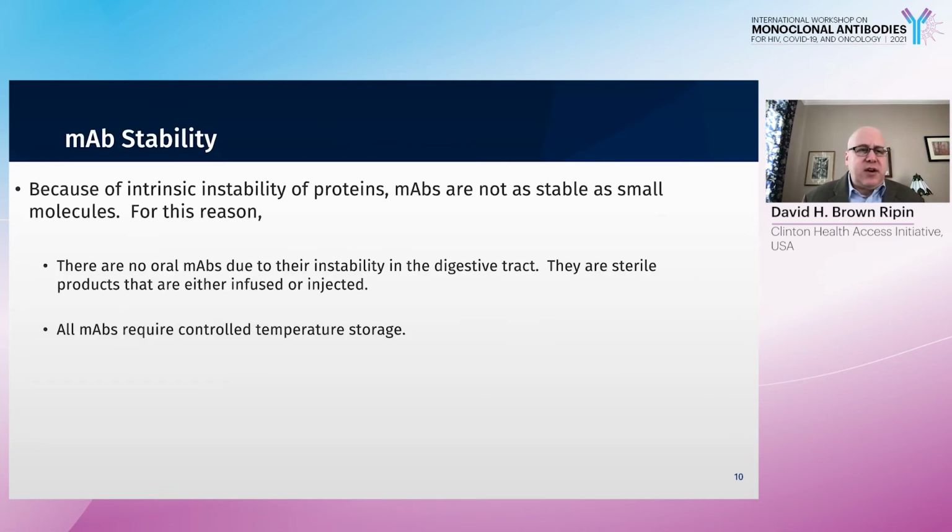Just a quick note, I think we all know that monoclonal antibodies, as a result of being proteins, are not as stable as small molecules. They're not stable in the digestive tract, and for that reason, they are by definition sterile products that are either infused or injected, and most of them require controlled temperature storage unless they're sold as a lyophilized solid.